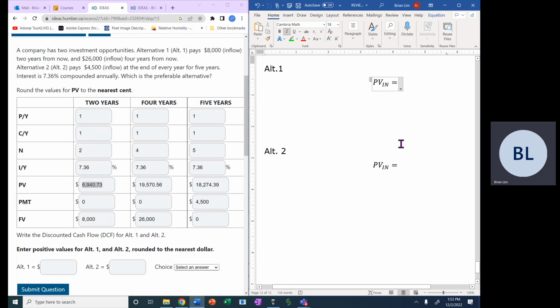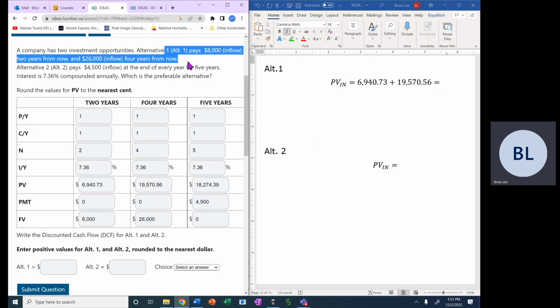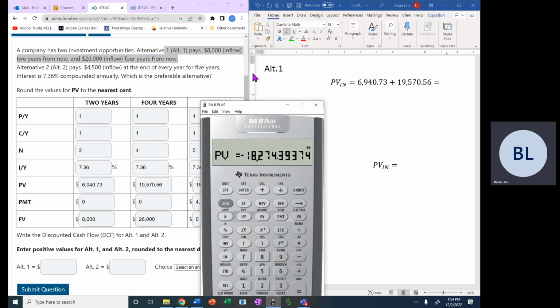And so let's put the 6,940.73 plus 19,570.56. So it's these two numbers I'm adding, because that is for alternative 1, remember? Okay, so let's add those on the calculator and see what comes of it.